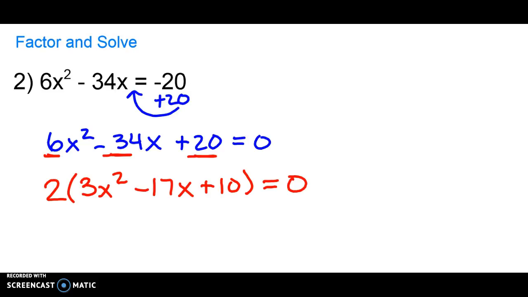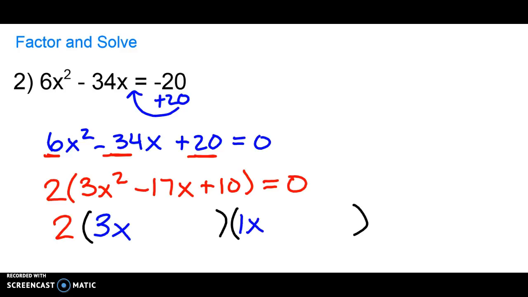Then I did the GCF, and now I actually have to factor, which means I'm going to make my two parentheses and I'm going to guess and check. The 2 is going to stay in front. And let's talk about the first term, 3x squared. What is the only way when I'm multiplying to get 3x squared? 3x times 1x.